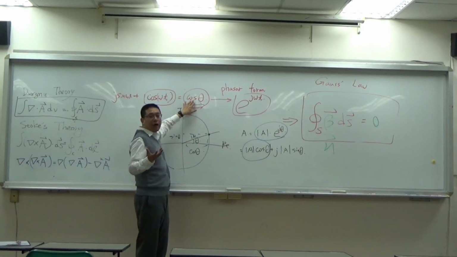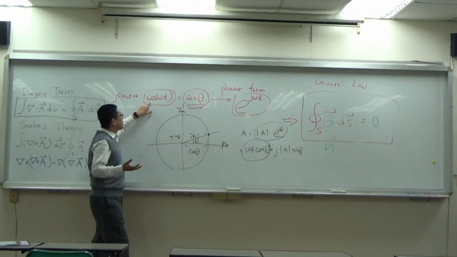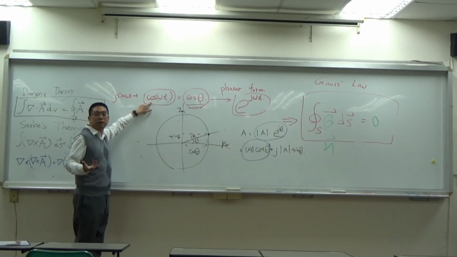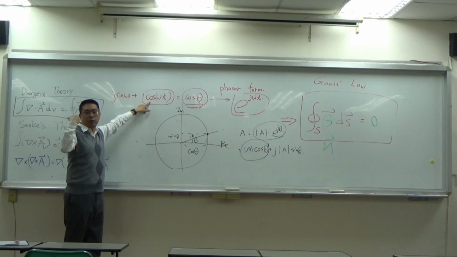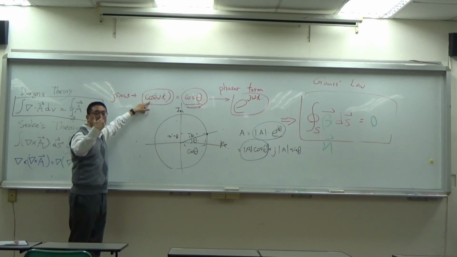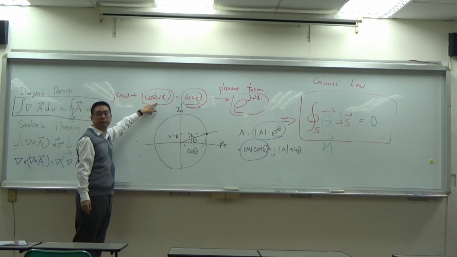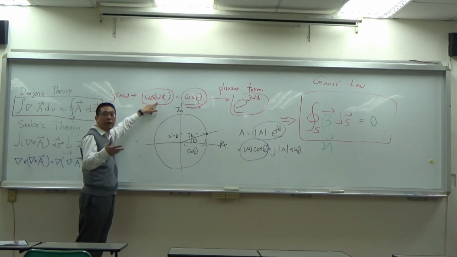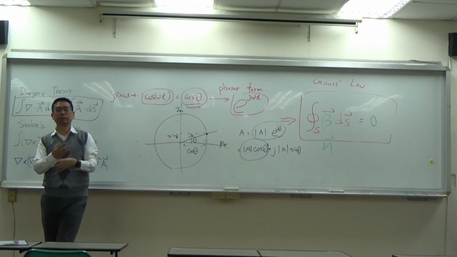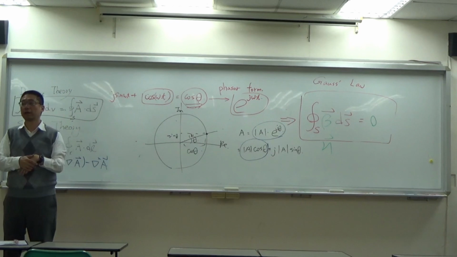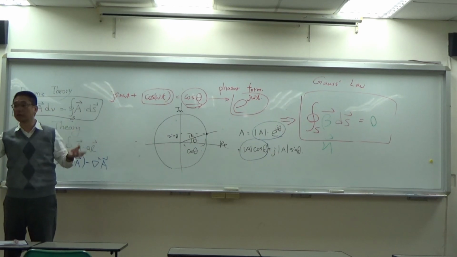Okay, I just repeated what I said at the end of the last class. Your time, maybe you say cosine omega t, this part is repeating again according to the time, right? Repeating again and again. How long will it repeat? One cycle, right? In Chinese, 周期.